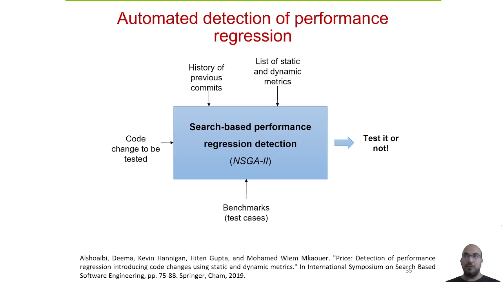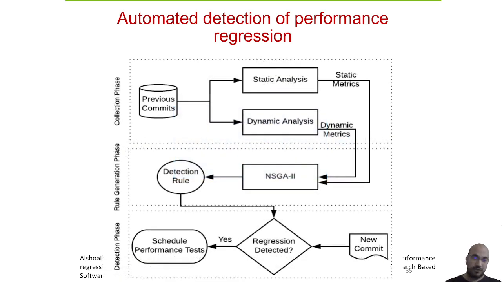This model takes into account the history of previously known commits, either problematic or not. It also takes a list of static and dynamic metrics that we use to characterize those code changes, and it takes into account benchmarks and test cases. Then it comes up with a binary output: a decision whether we should test this piece of code or not. Now let's unbox this black box and see how we implemented this solution.